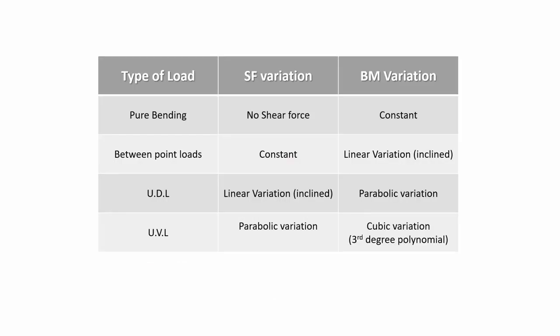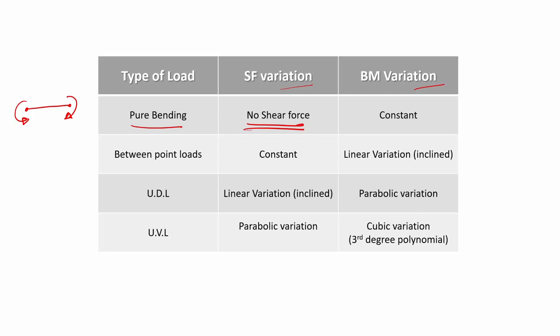You can see the type of load and the shear force and bending moment. Pure bending is a type of load. Pure bending means you have one beam and you apply one moment here and another moment here. Now see, this is one point and this is the other point. Between these 2 points, you will not find any shear.